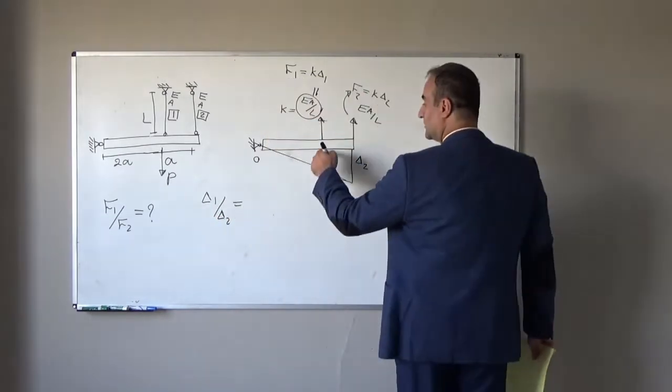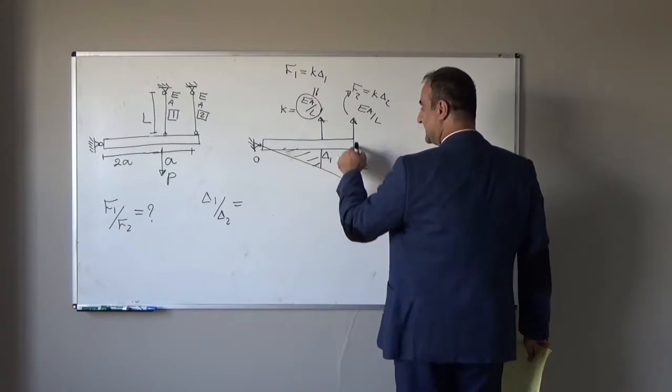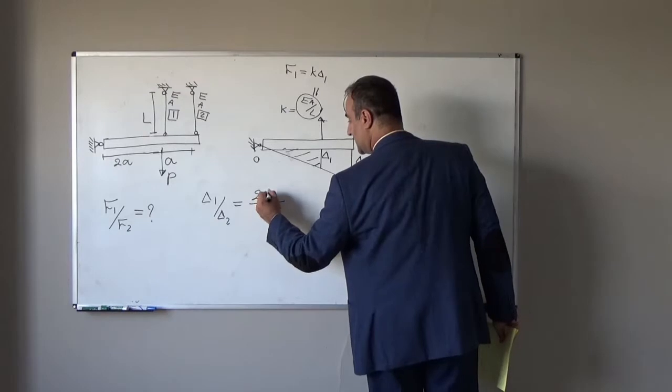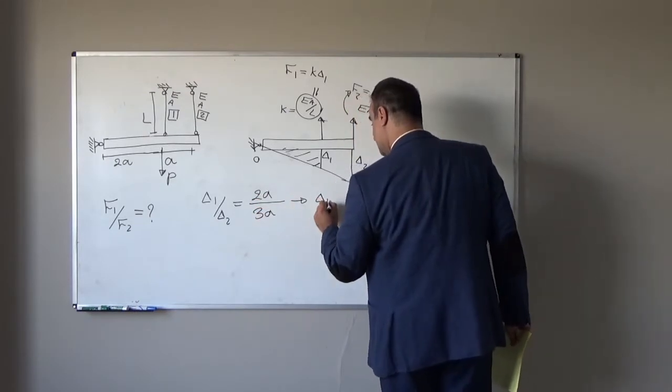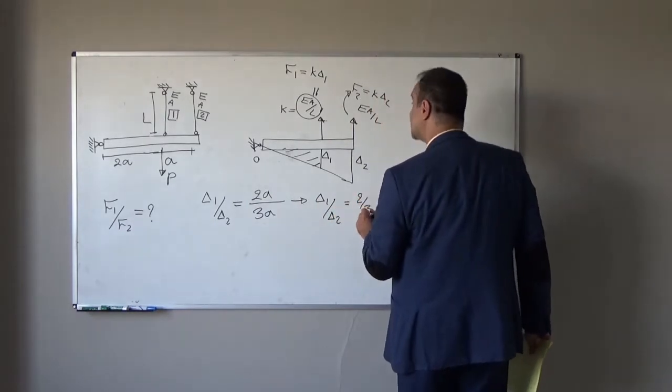Look at this triangle, the small one and the big one. Delta 1 over delta 2 is equal to 2a over 3a. From here, delta 1 over delta 2 is equal to 2 over 3.